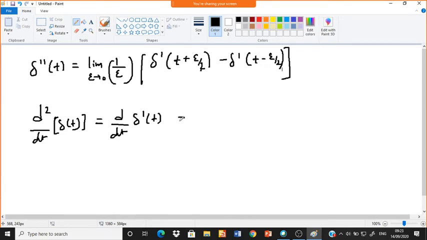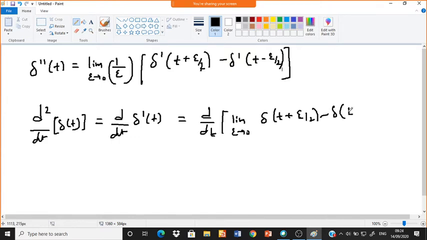We already know the first derivative, so this is d by dt of the limit as epsilon tends to 0 of del of t plus epsilon by 2 minus del of t minus epsilon by 2, with 1 by epsilon placed here.